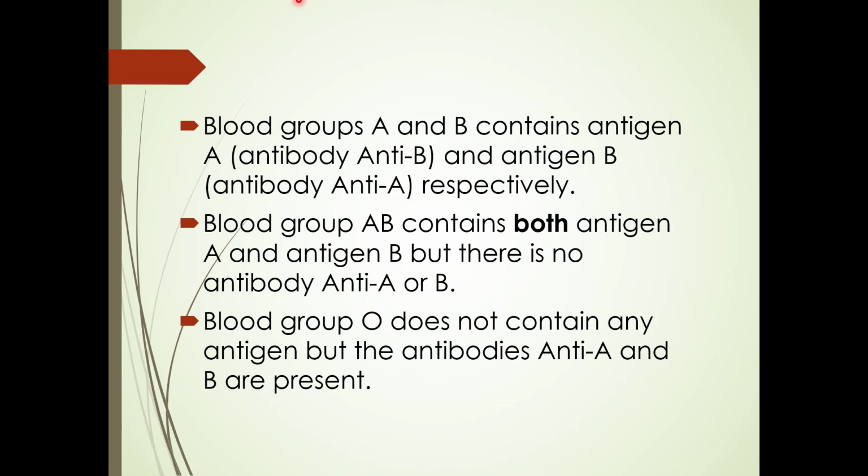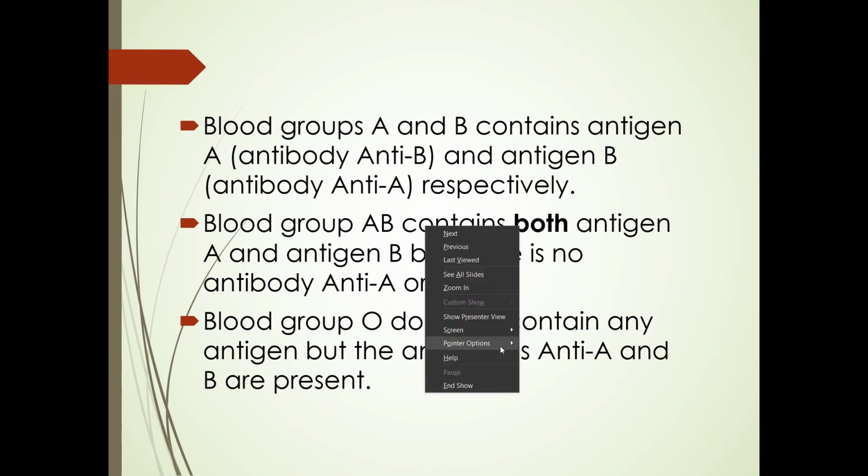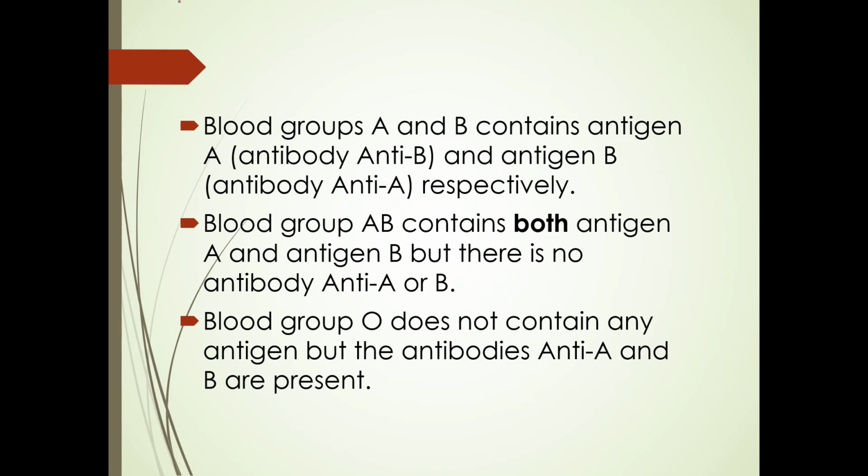For the person that has A type of blood, they have the antigen A, and the antibody is anti-B. For the person that has B type of blood, they have the antigen B, and they have the antibody anti-A.